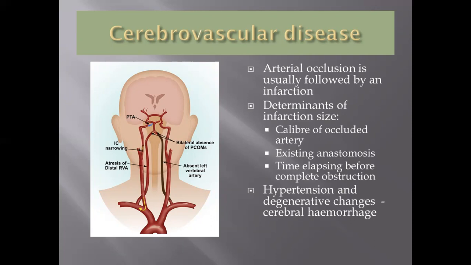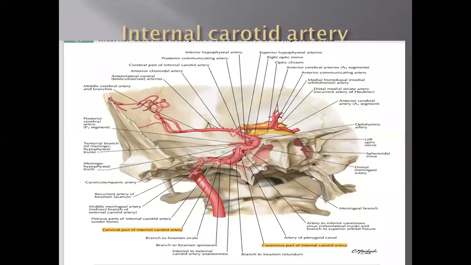And you may also have hypertension and degenerative changes that will lead to cerebral hemorrhage, which is part still of cerebrovascular disease. So this is a nice cut picture that is showing us the internal carotid, right?